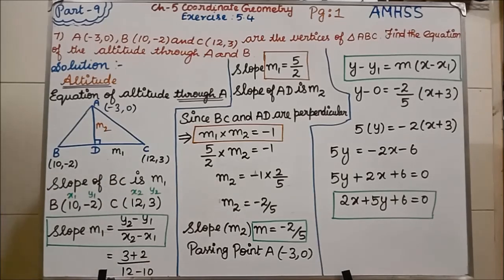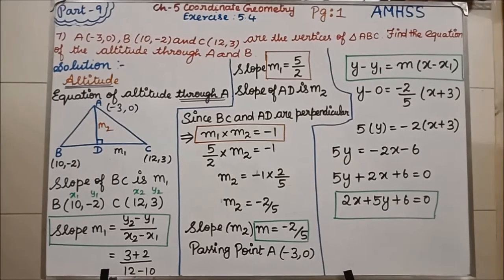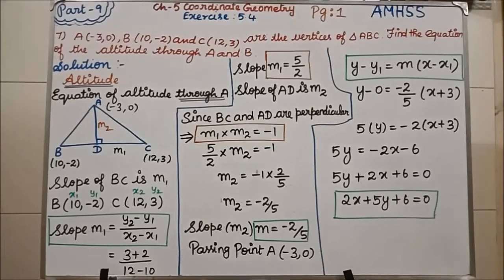So I have told you in the previous 5th problem itself, if 2 points are given and they ask you to find the slope, what is the formula? y2 minus y1 divided by x2 minus x1. That is our formula. We know what is our y2 and y1, what is our x2 and x1. So we are going to just substitute y2, y1, x2, x1, everything. See, we know what is our x1, what is our y1.